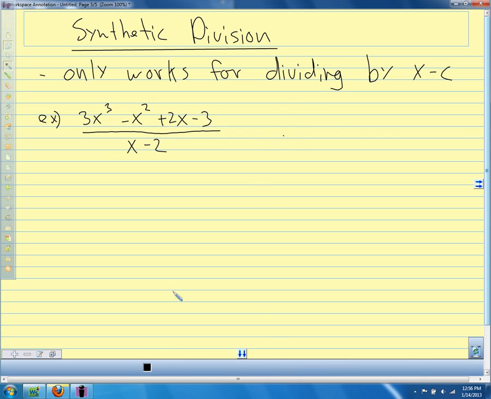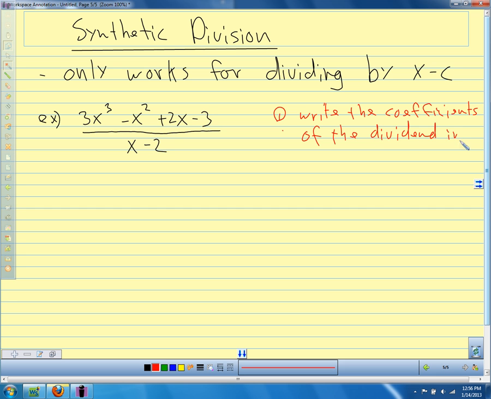I'll put this in red. That's our first step. Write the coefficients of the dividend in decreasing order of power.